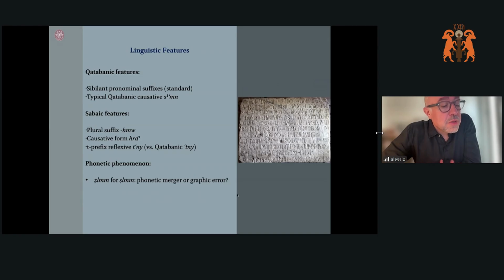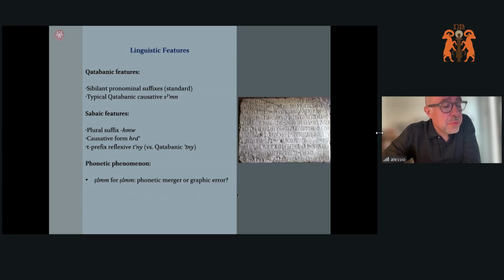Some scholars consider it phonologically significant, as did Beeston, for example, representing a genuine merger of the two phonemes, while others, as lately Sign, tend to minimize its importance, treating it as a simple graphic error facilitated by the close similarities between the two signs.